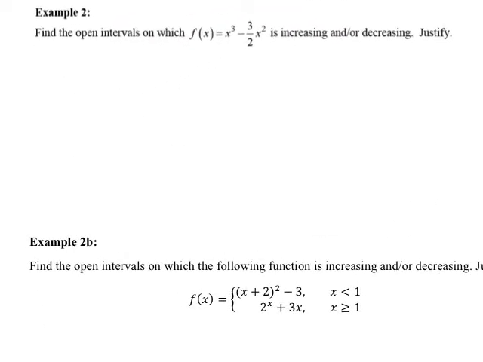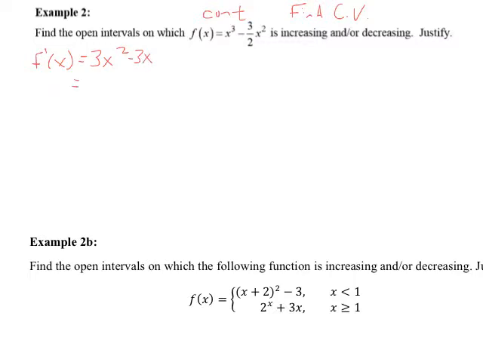Find the open intervals on which f of x is increasing and/or decreasing. So first off, the function is continuous, so there are no discontinuities, so we just need to find our critical values. That's the first step that we're going to take. f prime of x is equal to, we take the derivative and we get 3x squared minus 3x.